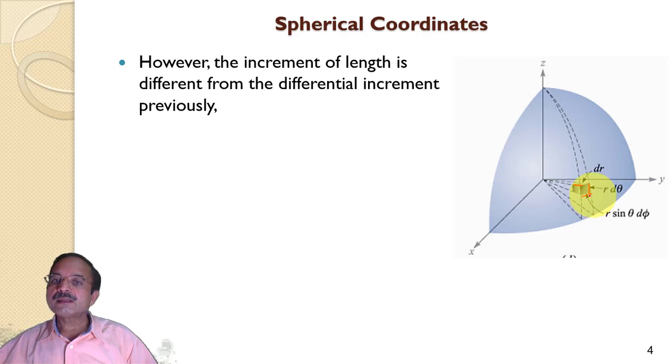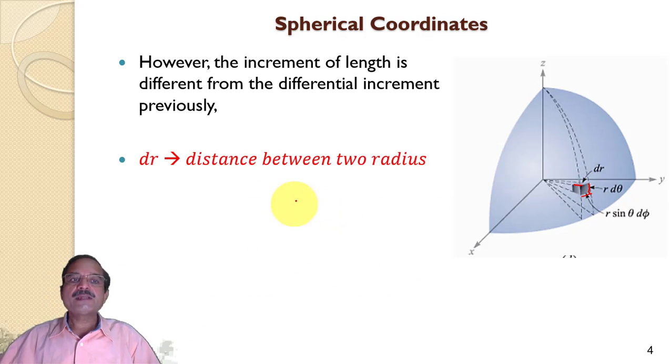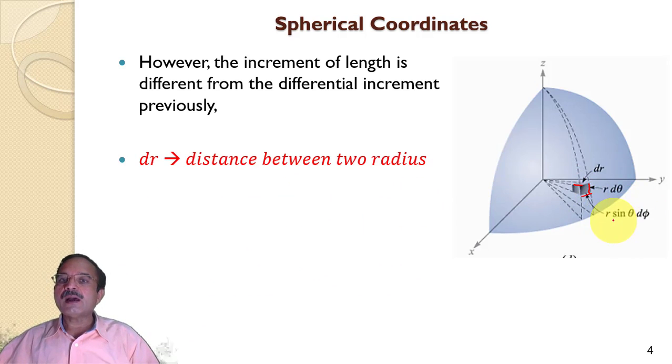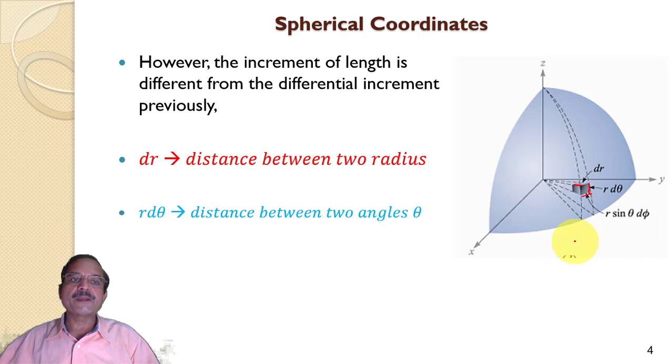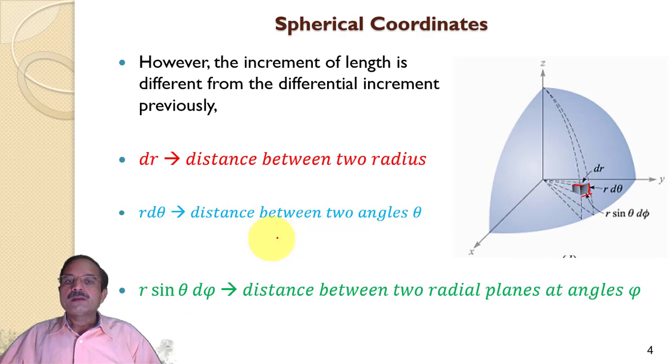So, this is the cube having three sides: dr, r d theta, and r sin theta d phi. If I consider this cube, there are 6 different surfaces here.